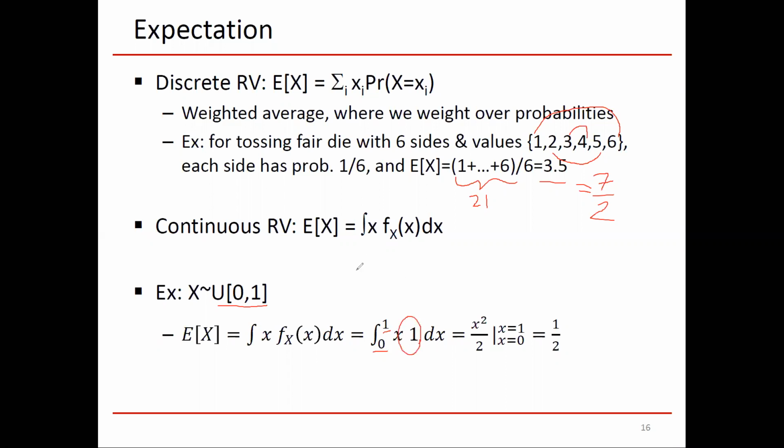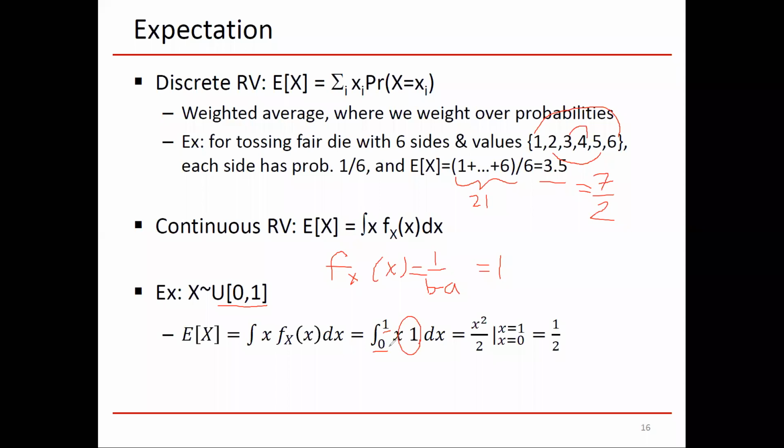The probability density function is equal to 1 because recall that f_X(x) was 1 divided by b minus a in our example from 2-3 slides ago. b is equal to 1 here, a is equal to 0, so the probability density function in our example is 1.